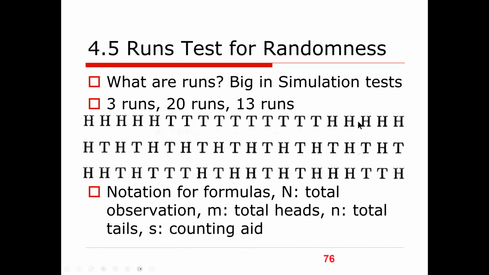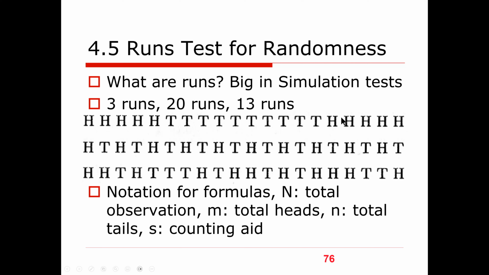If we have 3 samples of 20 tosses like this, first sample, second sample, third sample, let's first intuitively conclude if they are random. H means heads, T means tails.